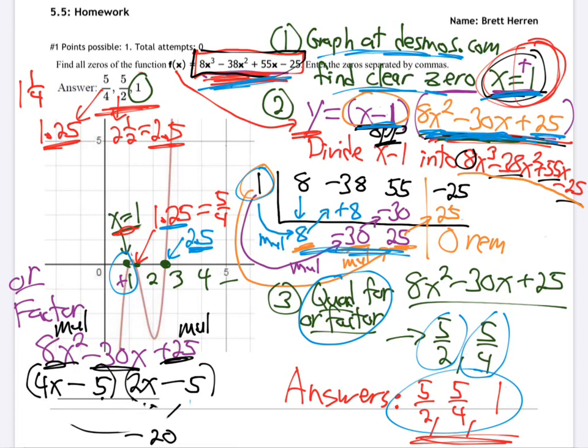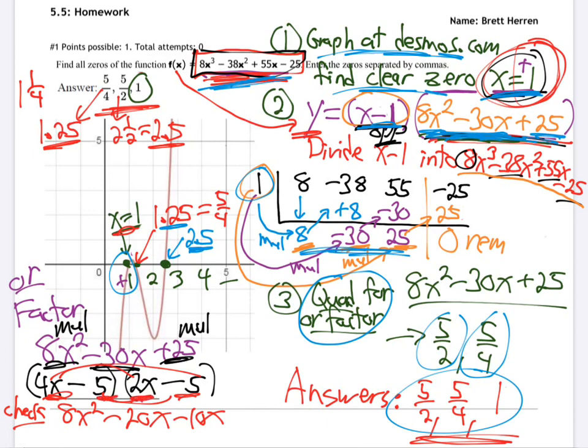Now, that might be a little rusty to you, all those little details I did super quick. I know that's usually confusing for most people. You could check it to prove it's really right. If you were to multiply these, what would you get? 4x times 2x, 8x squared. 4x times minus 5, minus 20x. And now the minus 5 will go to both. That'd be minus 10x, right?